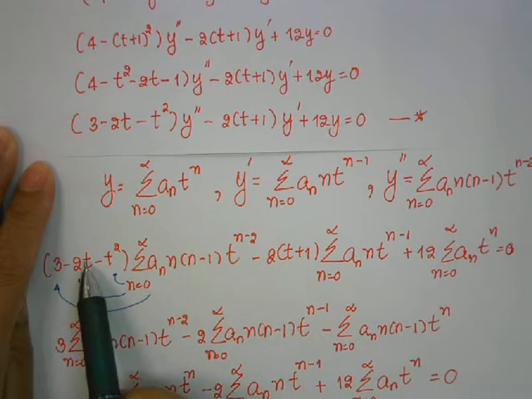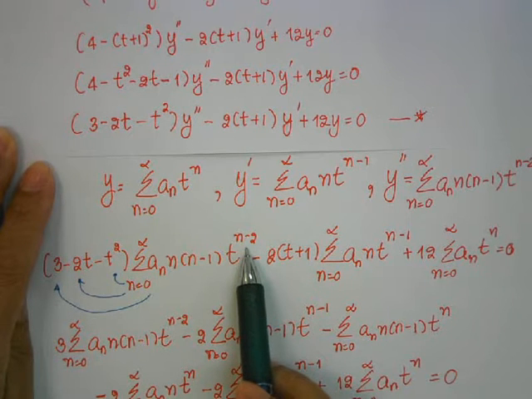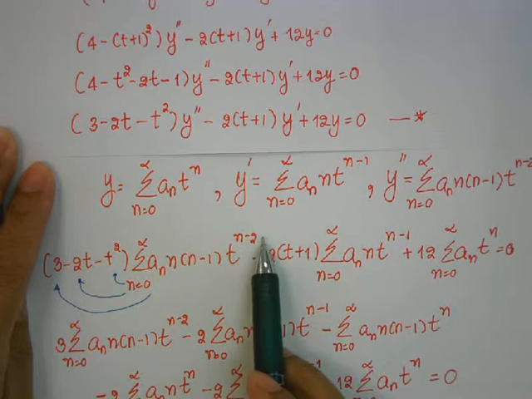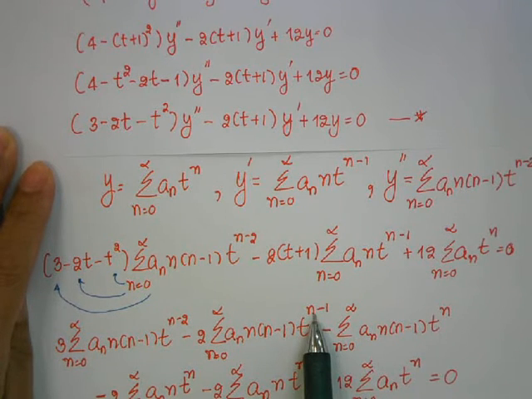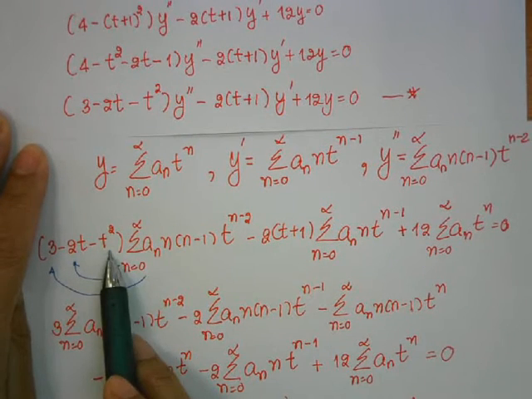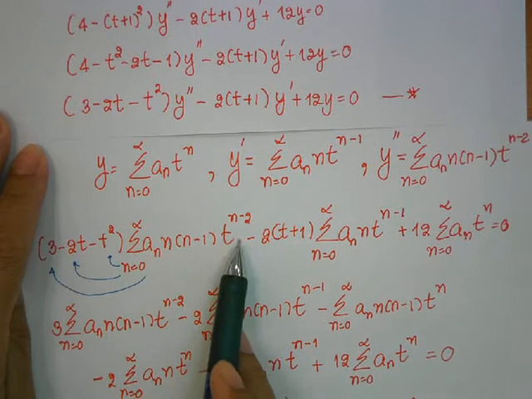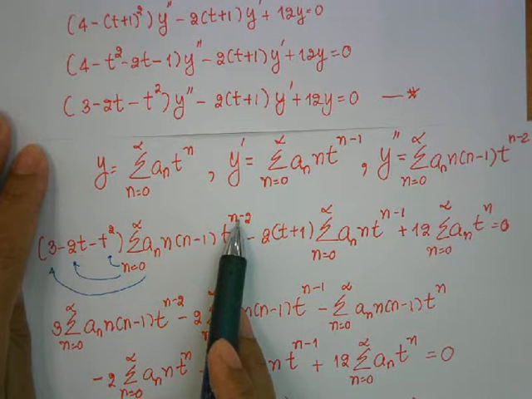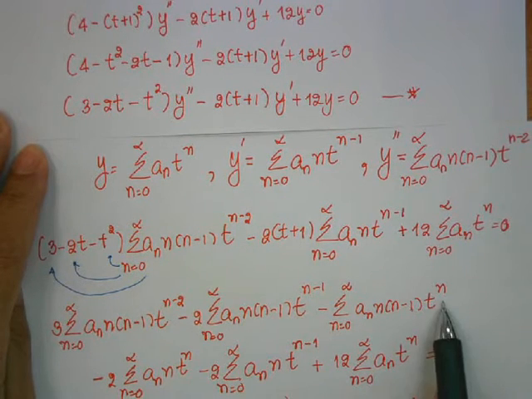And the second term is minus 2t. This t just combines with t to the power of n minus 2, so I would get n minus 2 plus 1, which is n minus 1. And the last term I have t squared, so it combines with t to the power n minus 2, and I would get t to the power n.